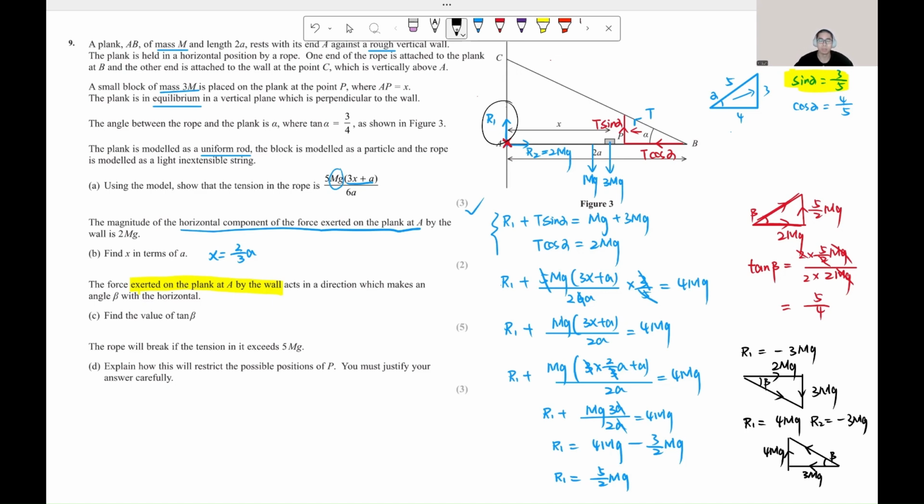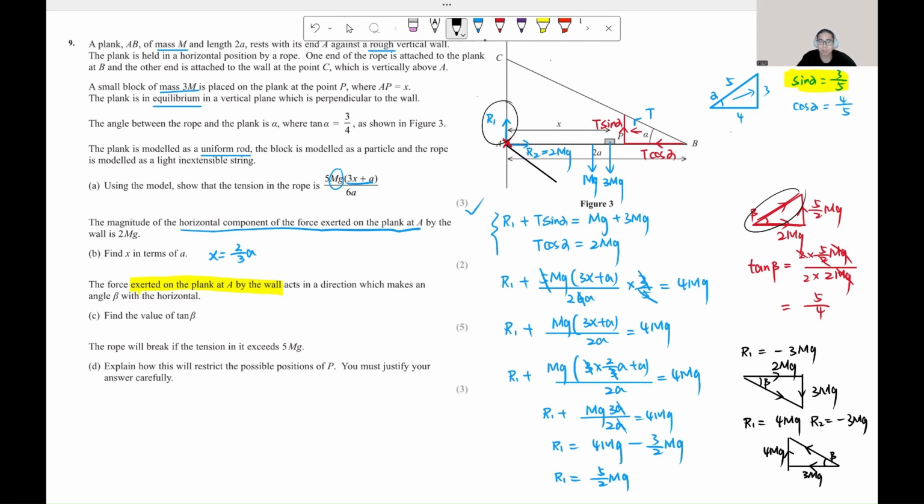So the point is it can be any direction possible. It's not always in the first quadrant like this. It could be in the second quadrant, the third quadrant, or the fourth quadrant, depending on the positive or negative of each force. Which means the resultant force could originally be in any direction.